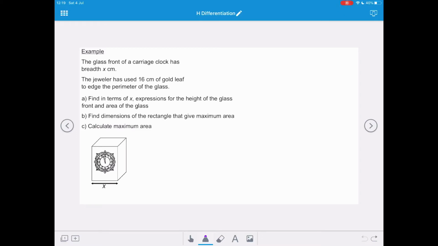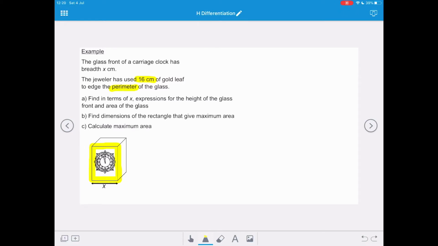So going back to part A, we want to find, in terms of x, expressions for the height of the glass front and the area of the glass. Now, the question tells us that the jeweller used 16 centimetres to edge the perimeter of the glass. So that's the distance around the face of the carriage clock.